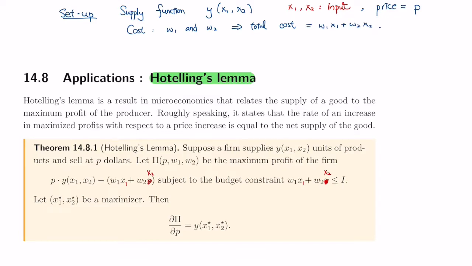Therefore, to the supplier, the profit function equals, as usual, the revenue minus the cost. The revenue is just how much you supply times the price that you sell them, so P times y of x1, x2, and then minus the total cost given by the expression here.